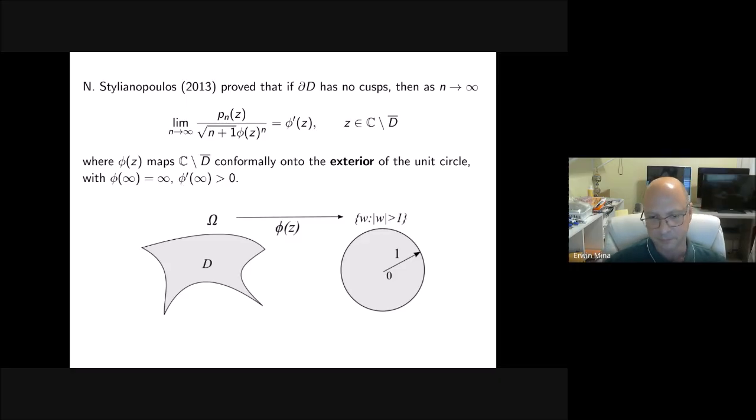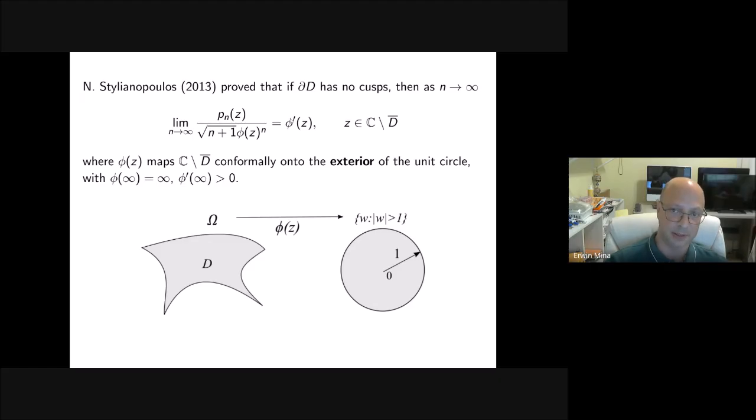For all of you who are not very familiar with this setting, this is going to be the important function for us here, this phi. Again, this is the conformal map that takes the exterior of the boundary of D, the exterior of this curve, onto the exterior of the unit circle. There are infinitely many such maps, but the one that we want is the one that takes infinity to infinity.